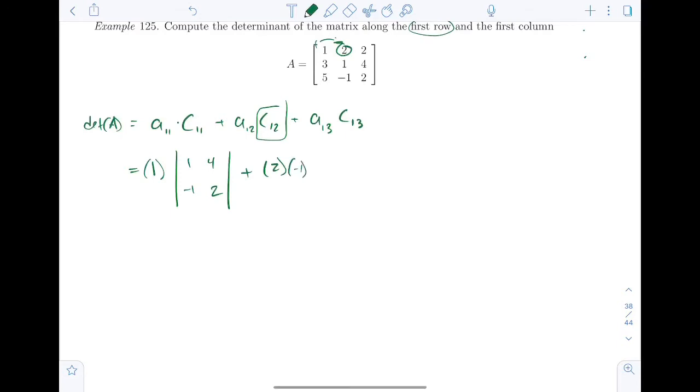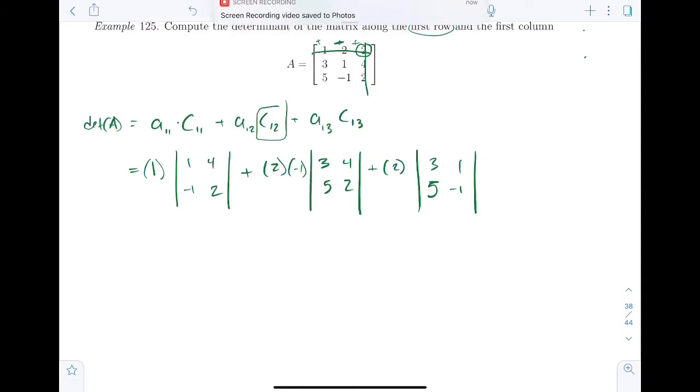I'll put a -1 there, delete that row and that column, and put 3, 4, 5, 2. Is this looking familiar yet? It really should. You saw it in Calc 3. Next, the A13 entry is 2. It's plus, minus, plus, so it's positive. Now the determinant of the cofactor, and I get 3, 1, 5, -1.